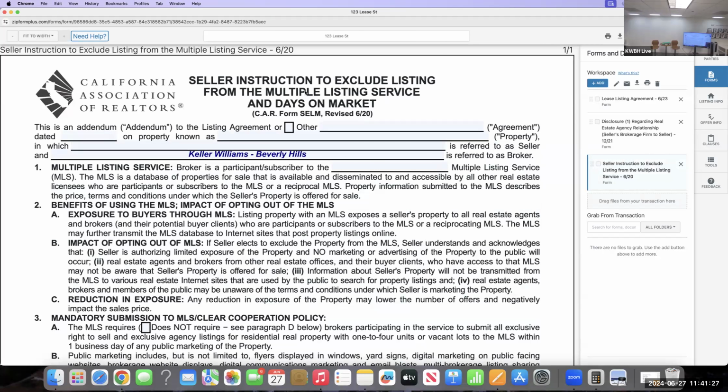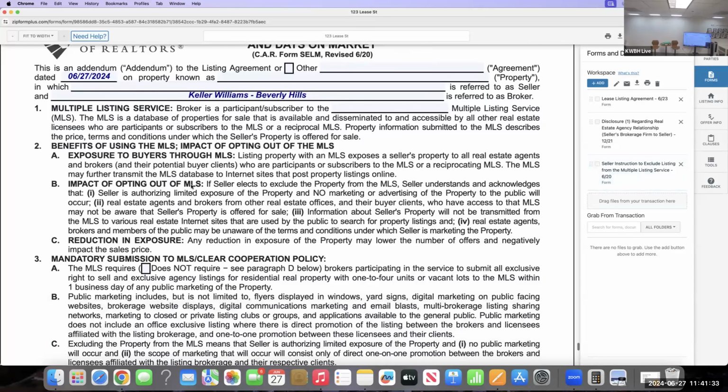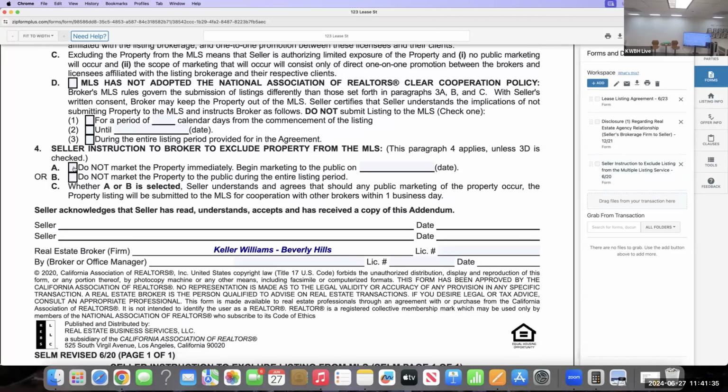So, seller instruction to exclude listing from the MLS. This is an addendum to the listing agreement dated today. Then I'm going to go down here and say, do not market the property immediately. Begin marketing to the public on, and it wants me to put a date in here. I'm not going to do that. I'm going to put when photos are ready.